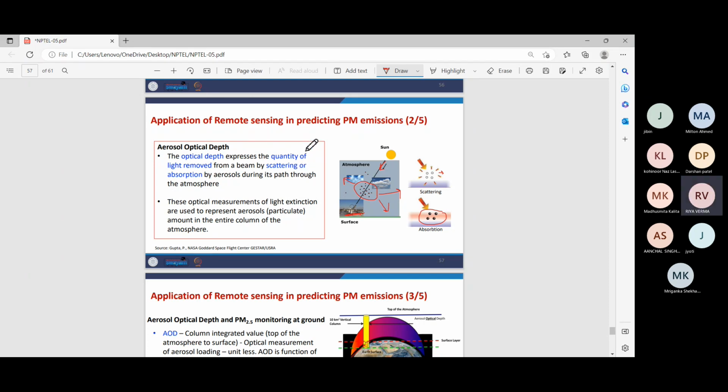So the light that started to travel from this point and the light received at this end will be different due to this absorption and scattering process. The reduction in the quantity of light due to this absorption and scattering is known as your aerosol optical depth.